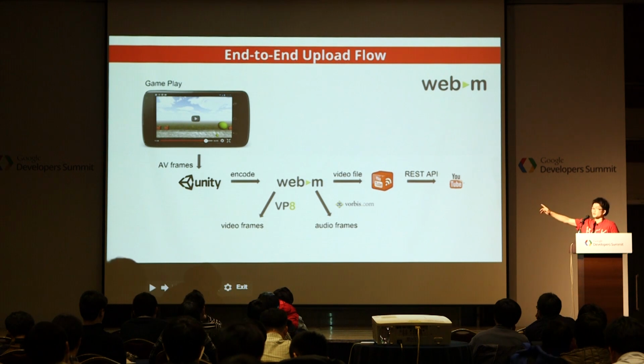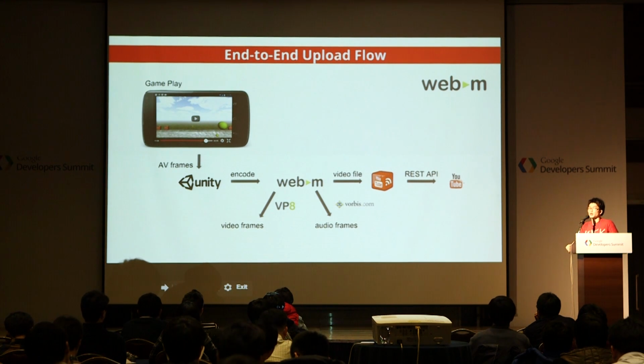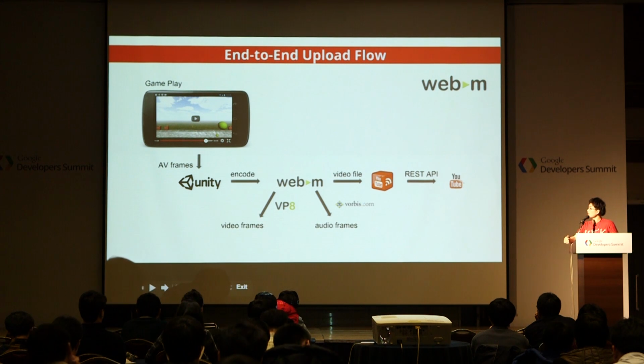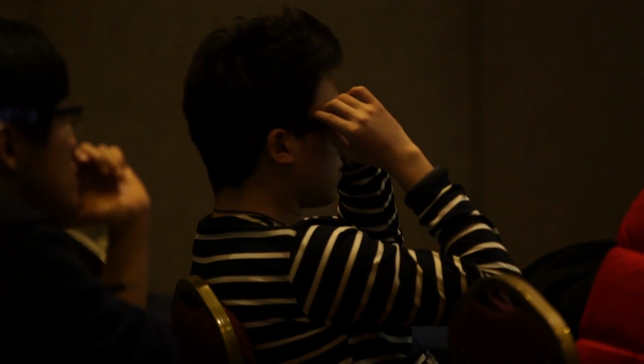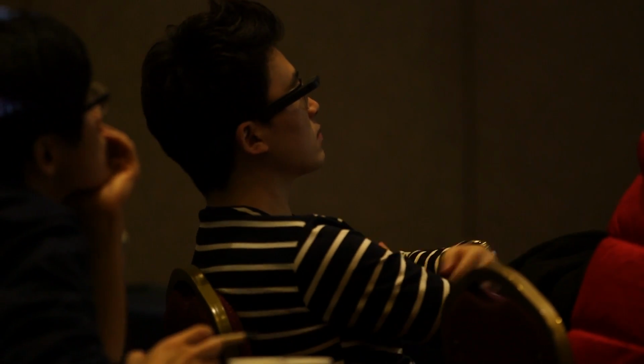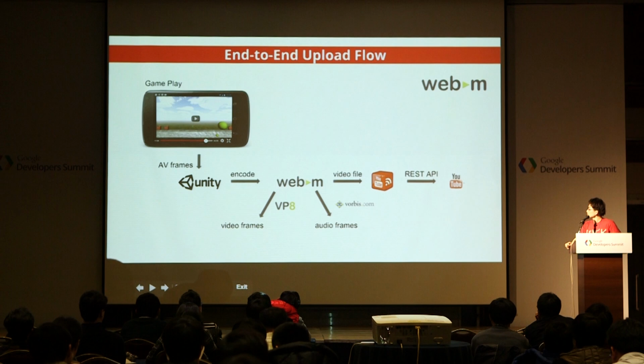At first, you create a game, and then users start to play. Then you have to pull out the audio and video frames from the game, and once you get those frames, you have to encode them into the video file.